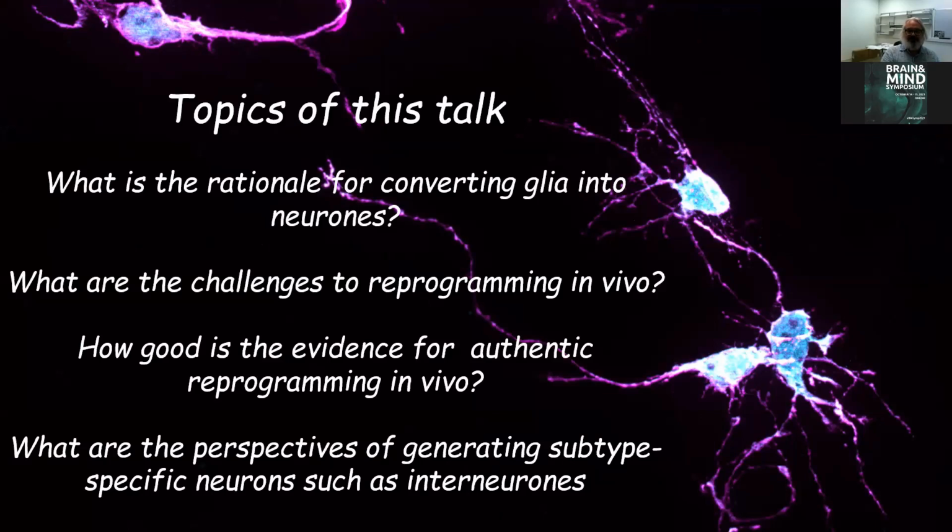A big question that is becoming ever more important is how good is our evidence that at least some of this reprogramming of glial cells into neurons is actually possible in vivo and really authentic. And ultimately, one question that I want to address towards the end of the talk is, what are our perspectives of generating subtype specific neurons, such as interneurons, through reprogramming strategies?